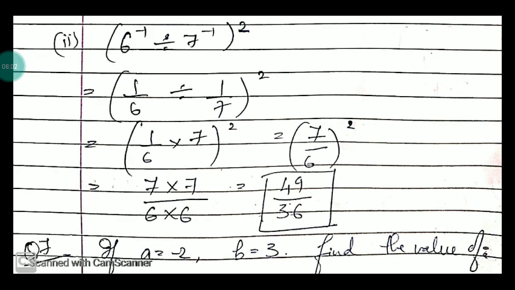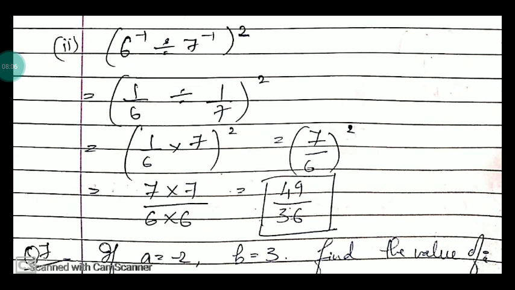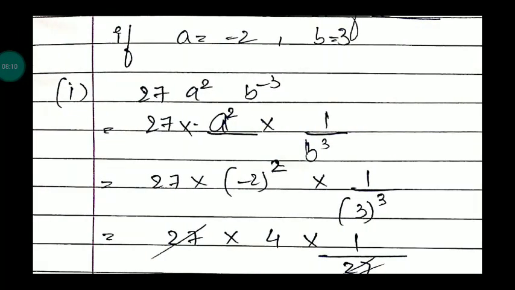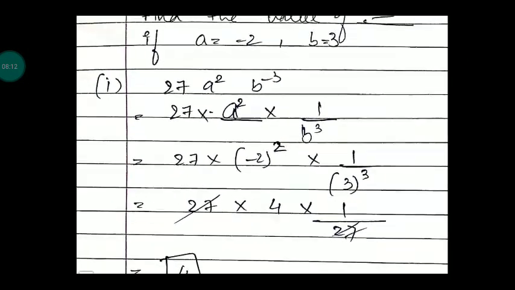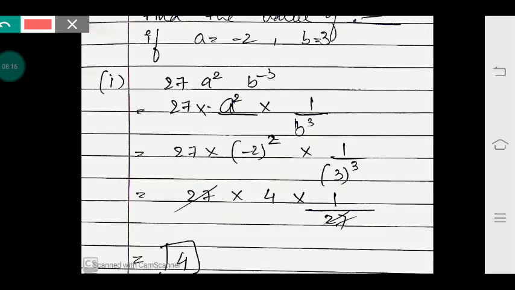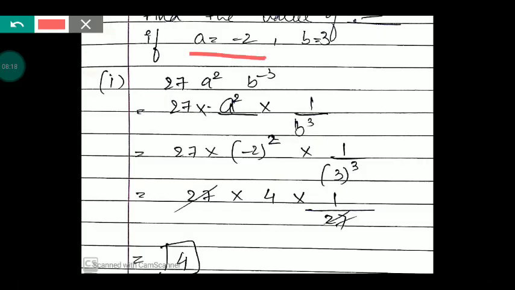Next question is, if a is equal to minus 2 and b equal to 3, find the value of the following: 27a square, b raised to minus 3. Value of a is minus 2 and b is 3. Here b has the negative exponent, so we will turn it into positive by taking the reciprocal.